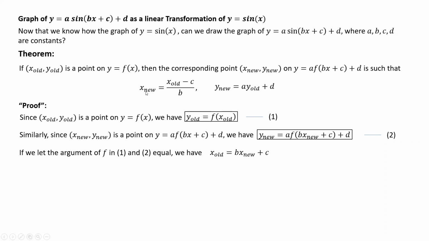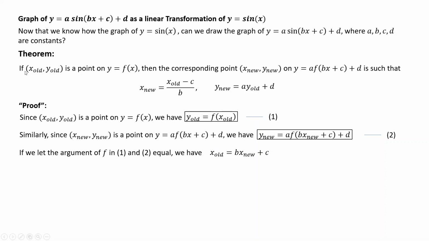When we find a formula for whatever it is, that quantity should be on one side of the equal sign, and on the other side we should have everything that is known. x new is the unknown quantity. That's what we want to find. And on the right hand side, we should have all known quantities. Now, can we accomplish this? If we look at this formula here, do we know x old?